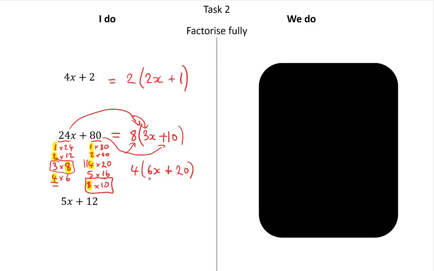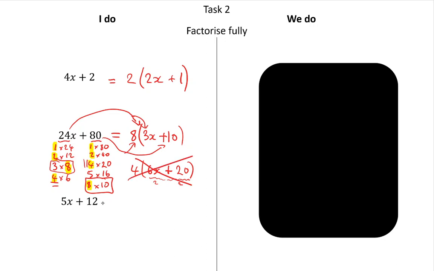I could have looked in here and I could have realized that both 6x and 20 both have a factor of 2. So we could have taken another 2 outside. So we would have ended up with 4 times 2 on the outside times 3x plus 10, which is the same as this, right? 4 times 2 is 8. So that's what happens if we don't take the highest common factor out. We can still work with it and do a bit more work until we get that highest common factor out.